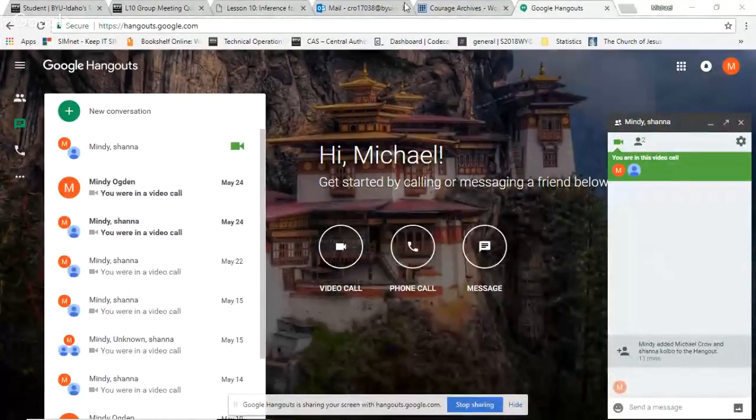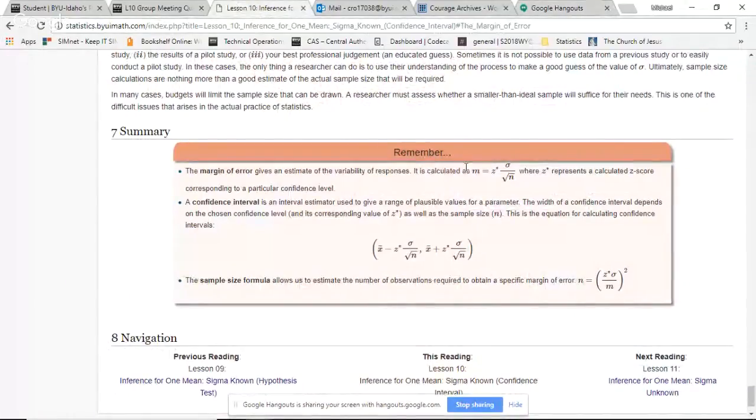So let's see if I can show you right here on my screen. This one right here. The Z asterisk, standard deviation over the square root of N. Yeah. Okay.